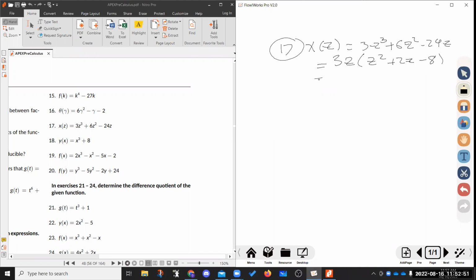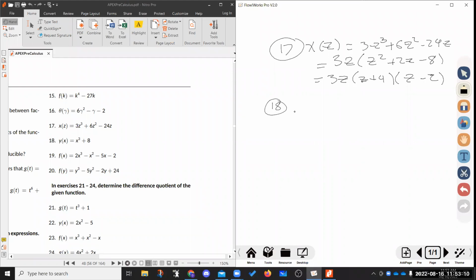Factors of 8 that have a difference of 2 are going to be 4 and negative 2. 4 minus 2 is a positive 2. 4 times a negative 2 is a negative 8. So there's my fully factored form.